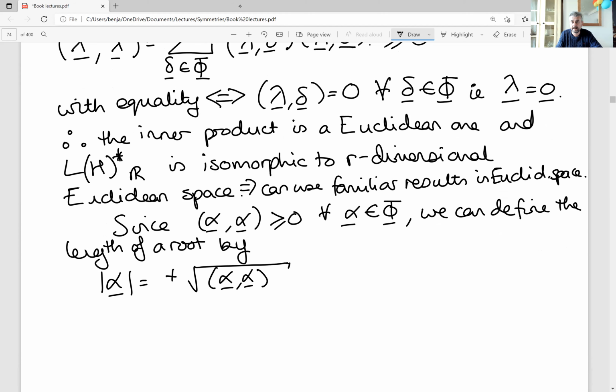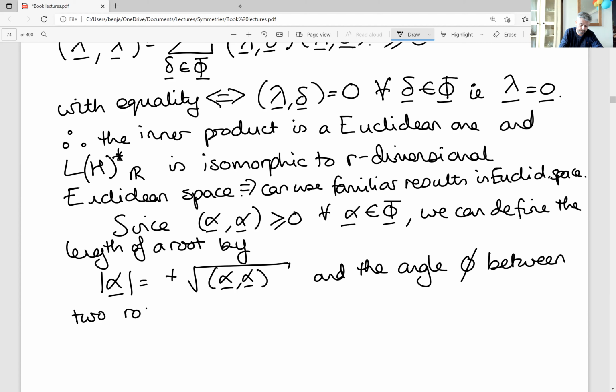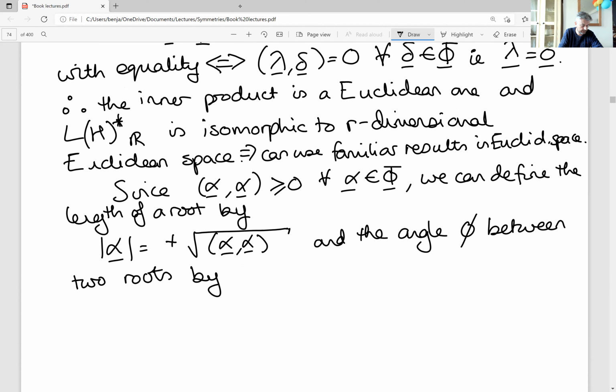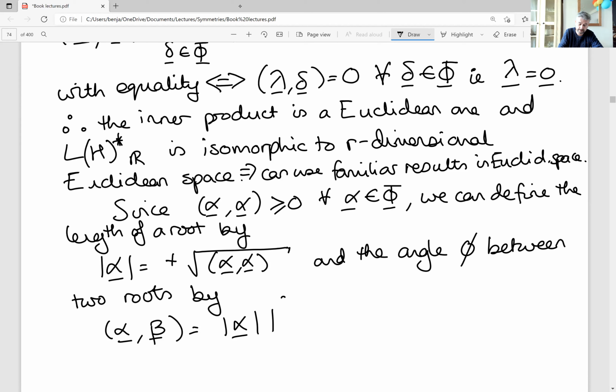We can also define an angle between two roots, just as we do in ordinary Euclidean space. So alpha comma beta is the length of alpha times the length of beta times cos phi.